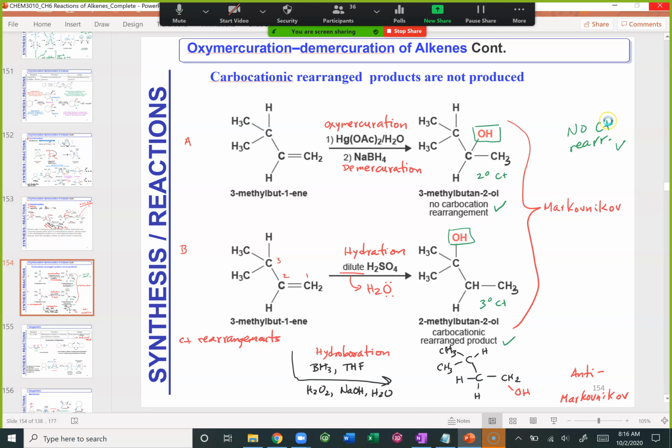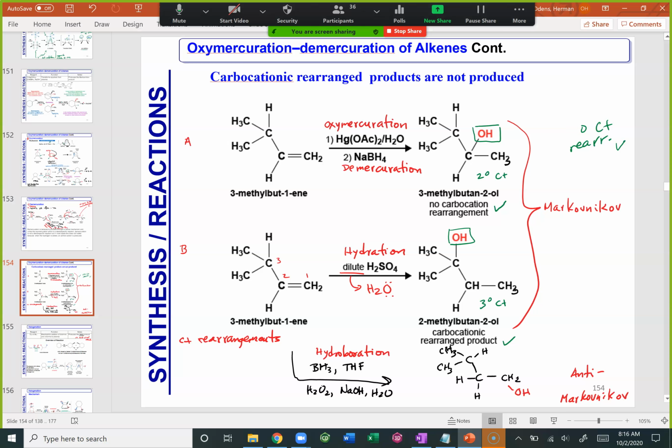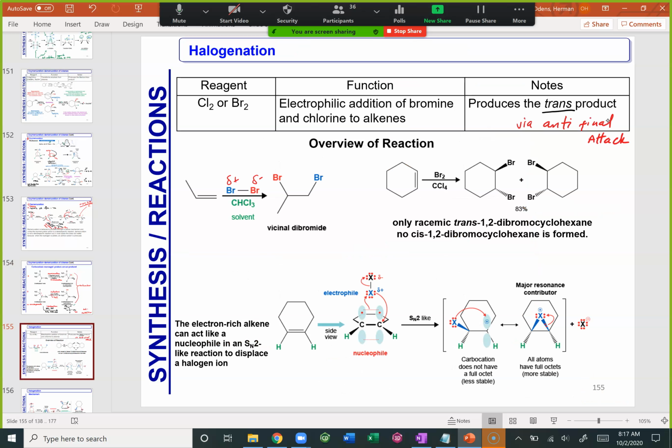Okay, so I think Zoom made my slide go on timeout. There you go. Okay, let's continue our walk here. Then we have halogenation. Halogenation acts just like halohydrin.